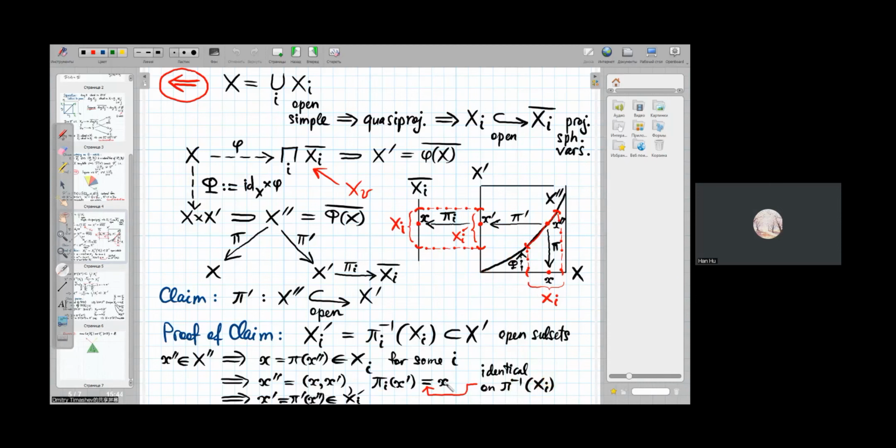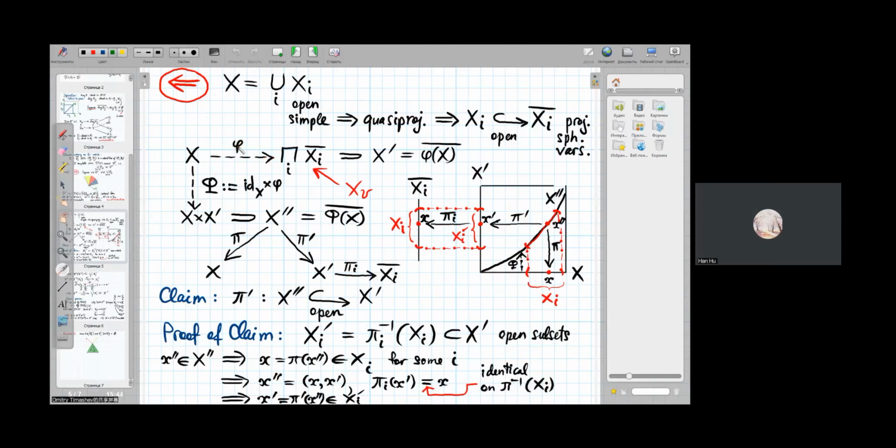Oh, so x prime is not the image of x under phi, right? Under little phi, well, it can be not defined because phi is a birational map. Oh, it may exist just because we take the closure. Well, since phi is birational, this point x may not belong to the domain where phi is regular.